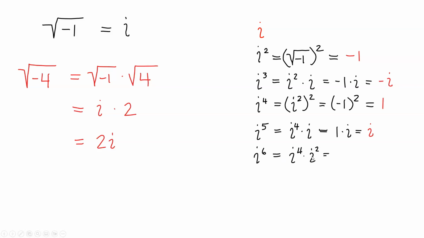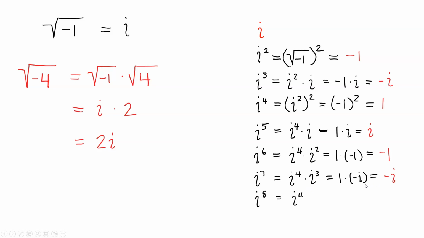I would have i to the fourth times i squared, which is 1 times -1, which equals -1. i to the seventh would be i to the fourth times i cubed, which will eventually work out to be -i. i to the eighth would equal i to the fourth squared, which is 1 squared, which is still 1. So this pattern of i, -1, -i, 1 keeps repeating as I keep raising this to higher powers. So basically, there are only four values that raising i to a power can possibly have.